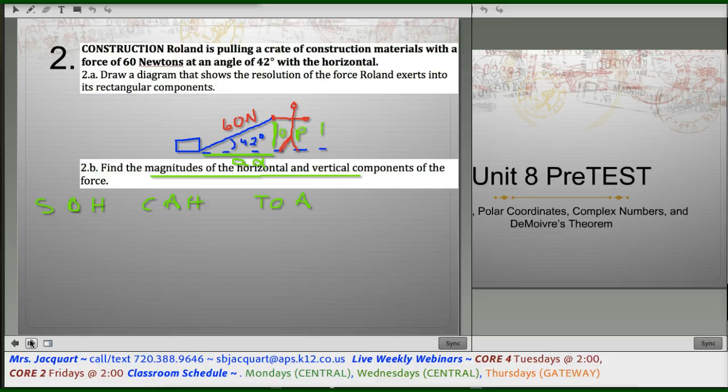We'll call this one my horizontal, and this my vertical. So my cosine 42 degrees equals your horizontal over 60. So horizontal equals 60 cosine 42.